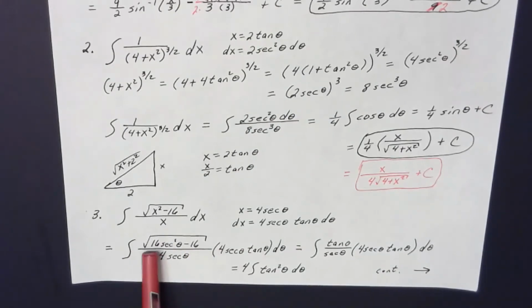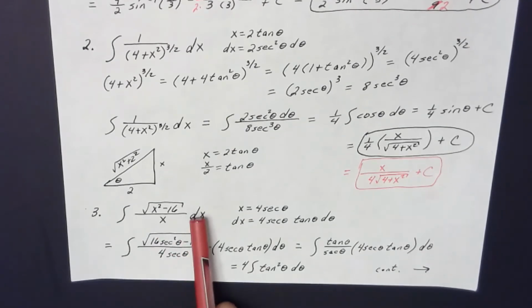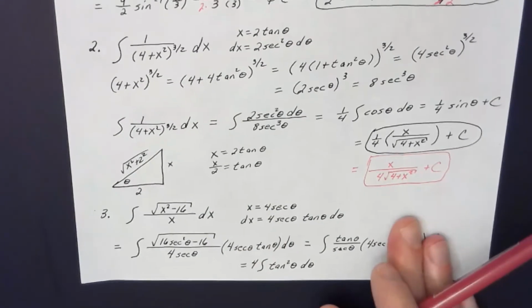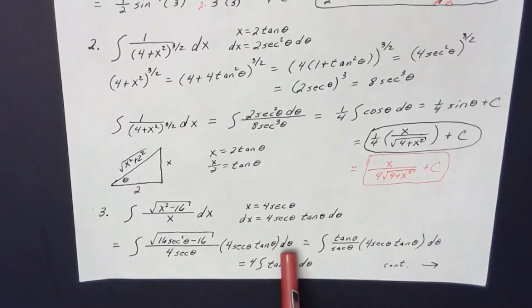So I have the square root of x squared minus 16 becomes the square root of 16 secant squared theta minus 16 all over x, which is my 4 secant theta. And then notice the dx, that's where I rewrote in its place the 4 secant theta tangent theta d theta.